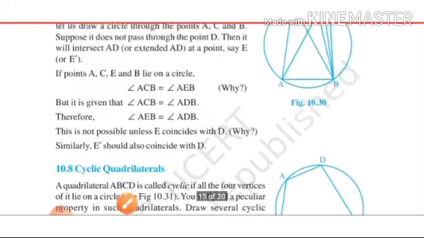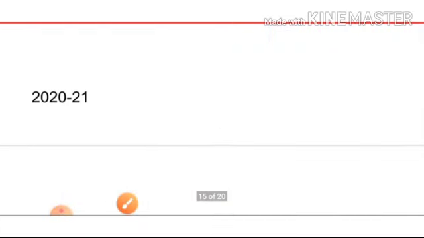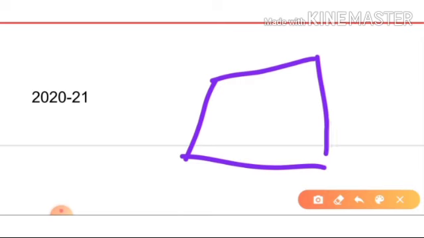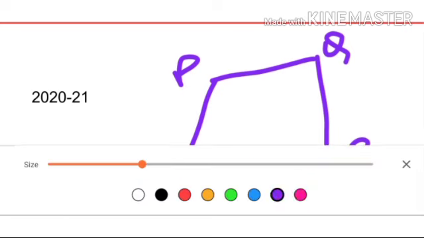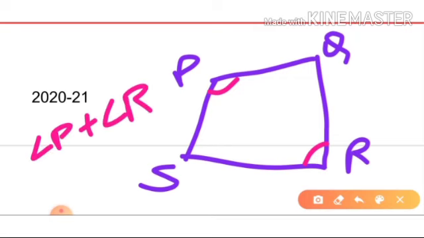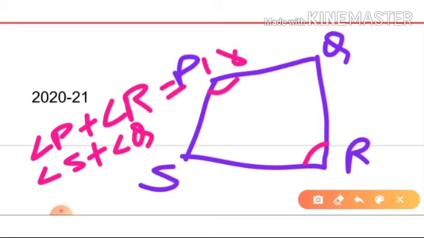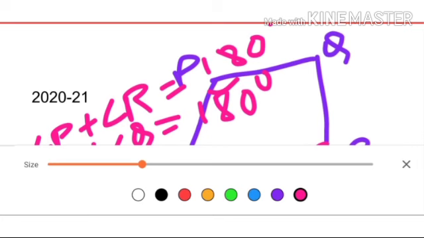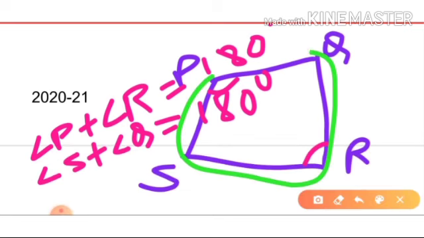And conversely, if you draw a quadrilateral, say PQRS, and if you can show that the opposite angles are supplementary, angle P and angle R, and angle S and angle Q, they are all equal to 180 degree, then we can say this PQRS is a cyclic quadrilateral. That means we can draw a circle through it. That is what is proved here.